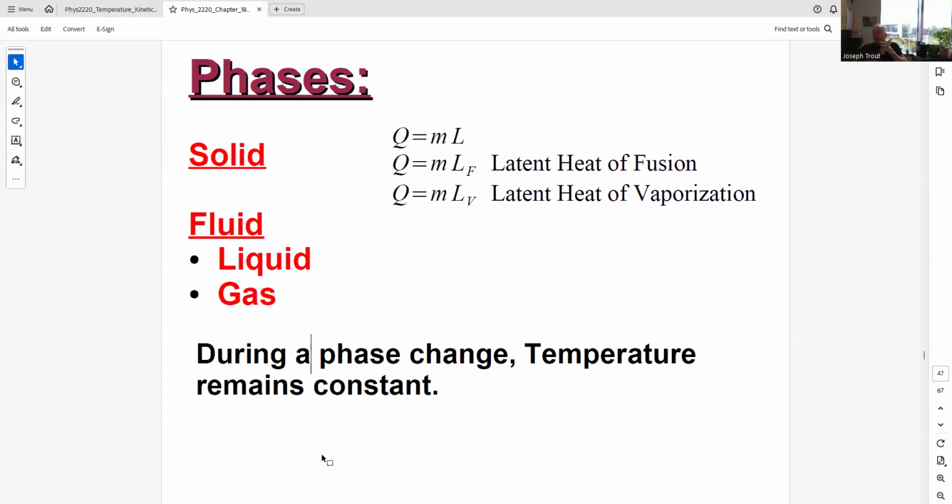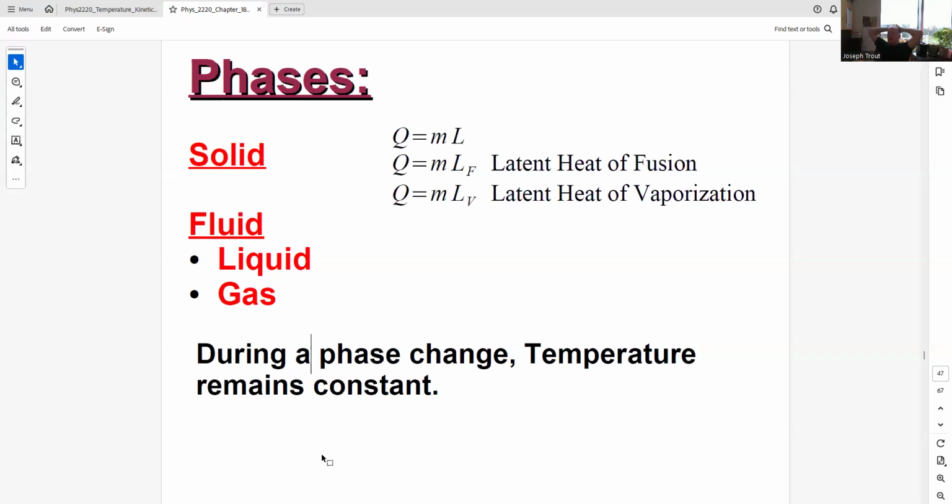Now, things also change phase, and during phase changes, we find that the temperature remains relatively constant. So if you've ever worked in a restaurant, you know that a lot of times they like to use ice baths. As long as there's both ice and water in that container, it's at 0 degrees. And once all the ice melts, then the water starts heating up.